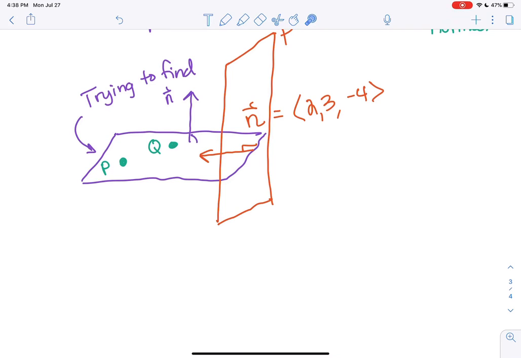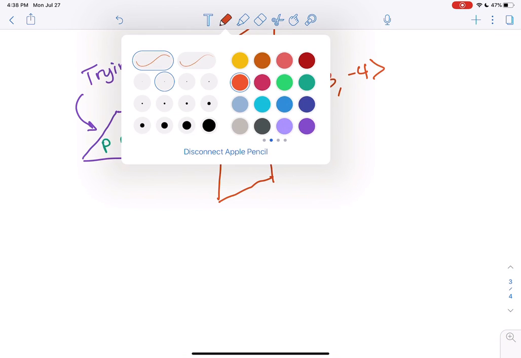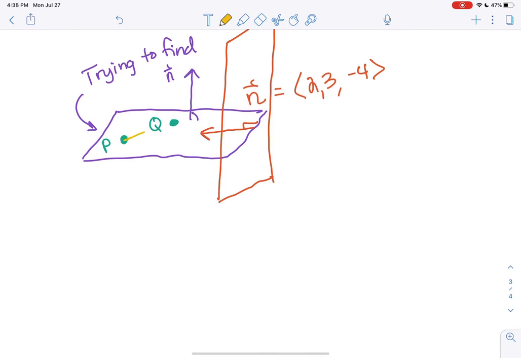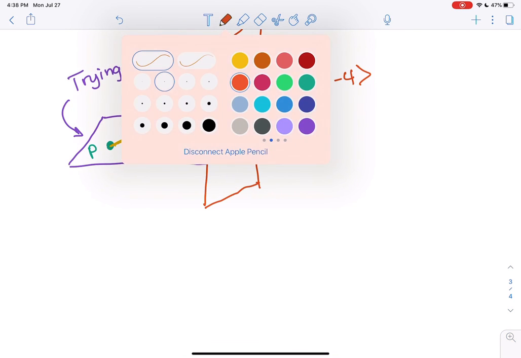And so the clever form of the cross product we're going to use is we're going to cross together this vector, PQ, because we know that's in the plane, and this vector here. We can cross it with the normal vector of a perpendicular plane, because we know those will both be perpendicular to the normal vector we want to find. So that's the intuition for this problem.